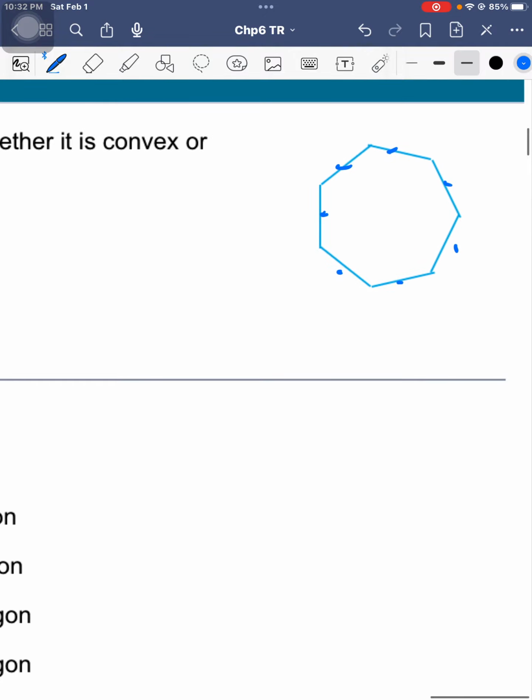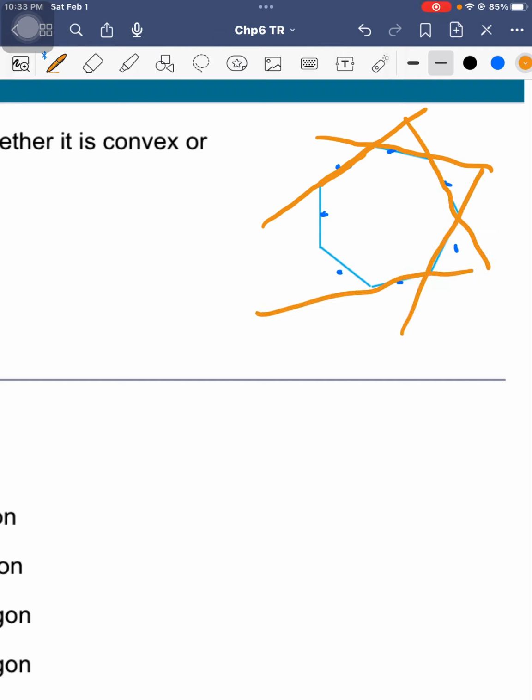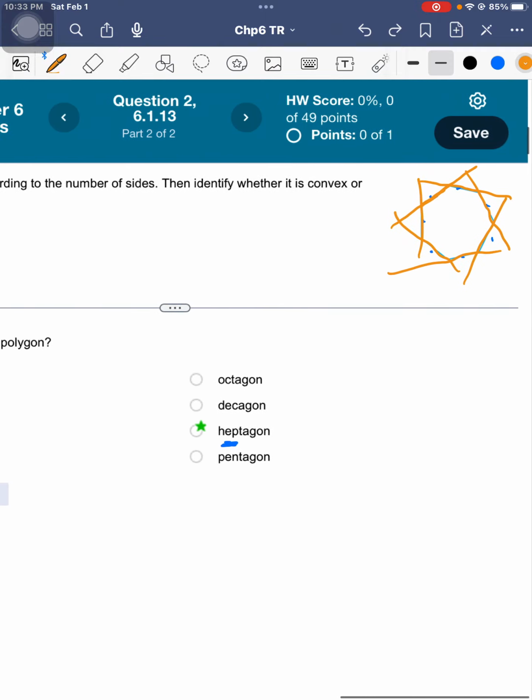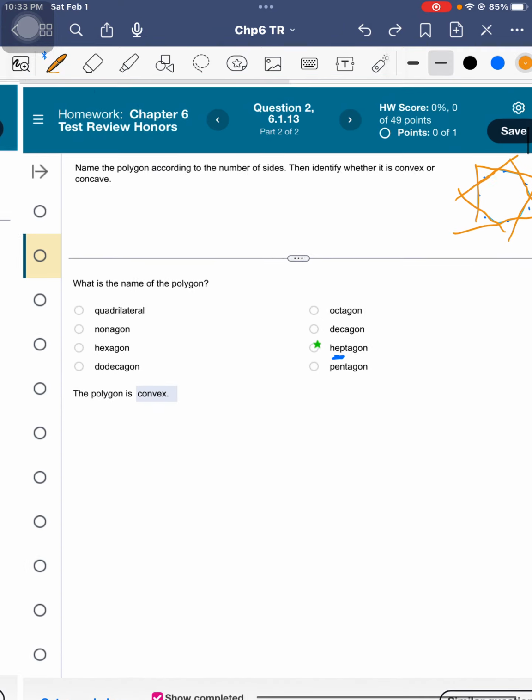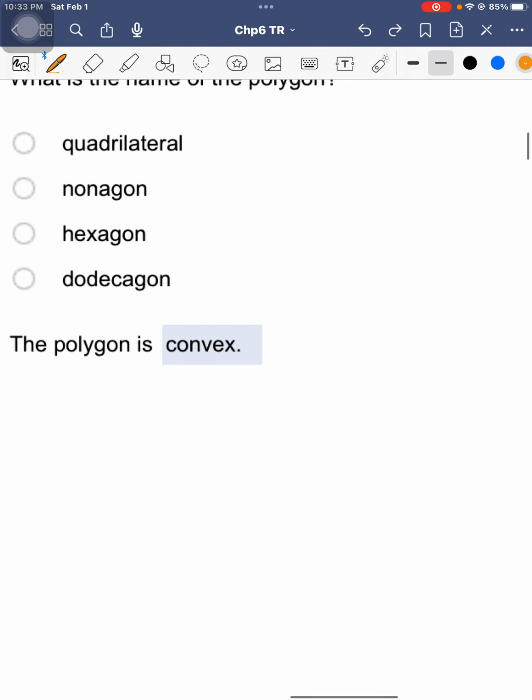And then to check if it's concave or convex, we have to see if when we make these line segments into actual lines, all of them, they cannot pass through the interior of the shape. So if at some point I did something like this or like that, that means it is concave. Nothing happened. There was no line that passed through the interior. So this is convex. So we have a heptagon and convex.